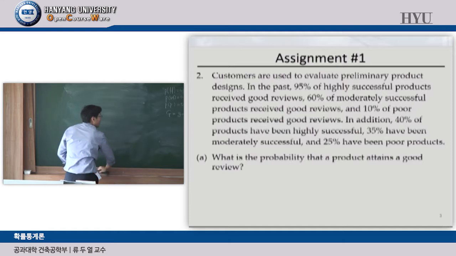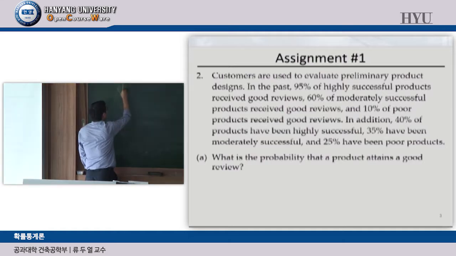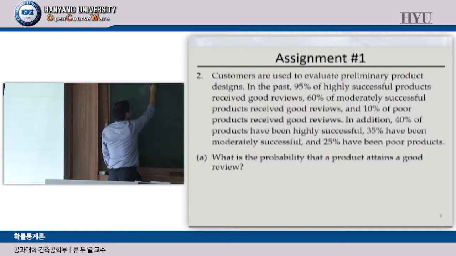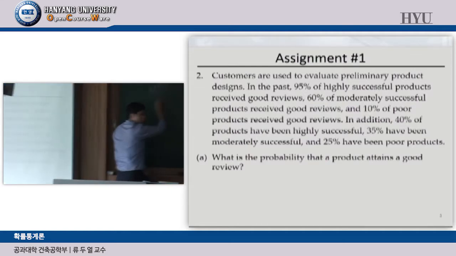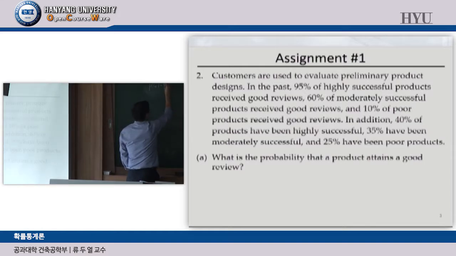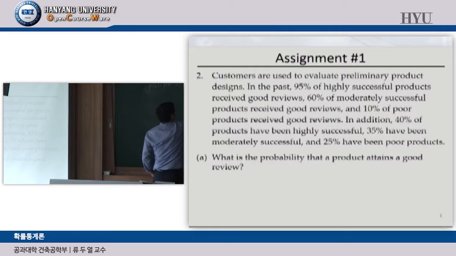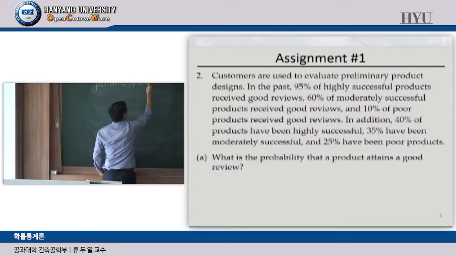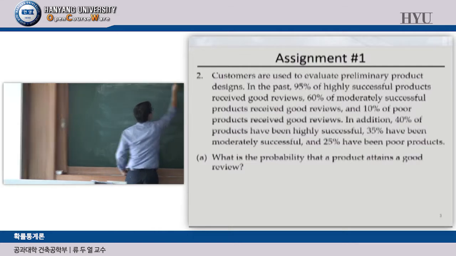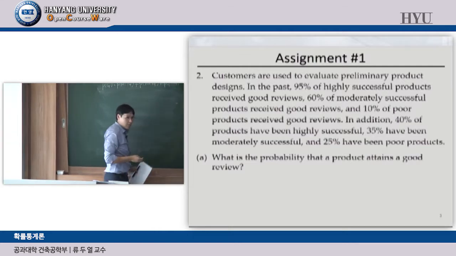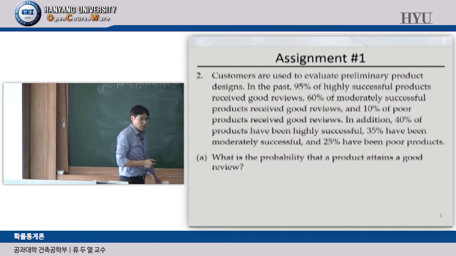In this case, we have to find the probability of G, good review, and that can be the summation of the probability of the intersection of H and G, plus the probability of the intersection of M and G, plus the probability of the intersection of P and G, right?